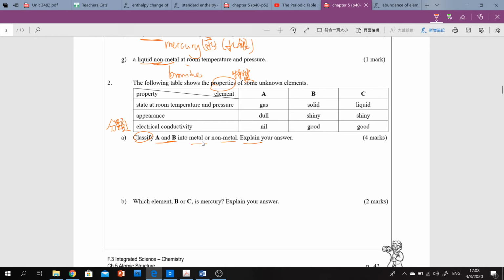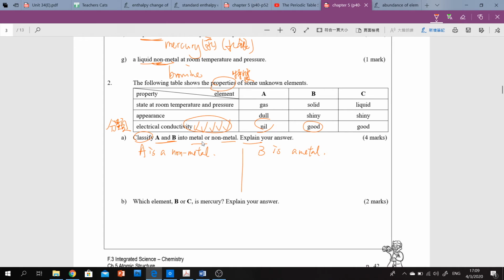Well, for A, how will you distinguish metal and non-metal? Is it just from the state? It's quite hard, right? Because it's not unique. But electrical conductivity is the common way for you to know what is meant by metal and non-metal. For A and B, you may get to know that A is a non-metal, while B is a metal.